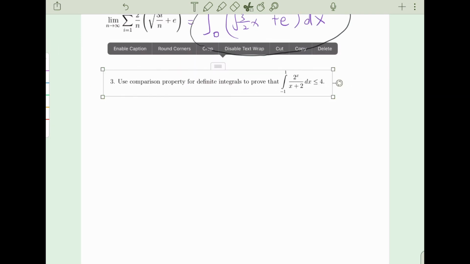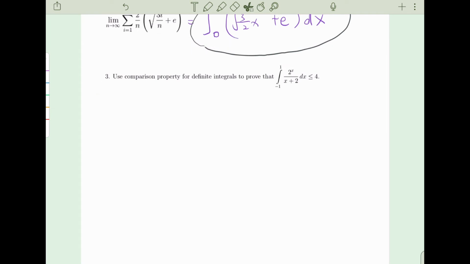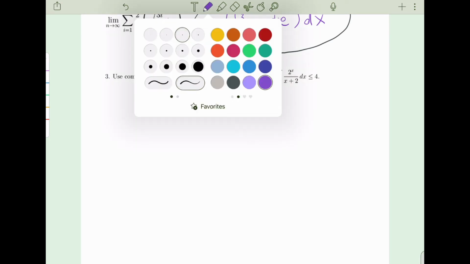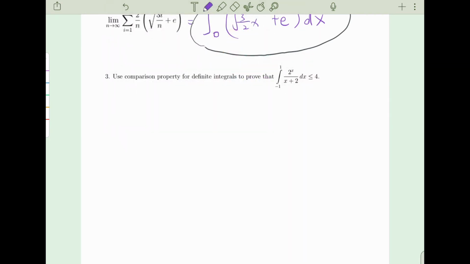Use the comparison property for definite integrals to prove that this is less than 4. So what does that mean? The idea here is to prove that the value of this definite integral is less than this given value. We know that a definite integral is a summation of some kind of rectangles.